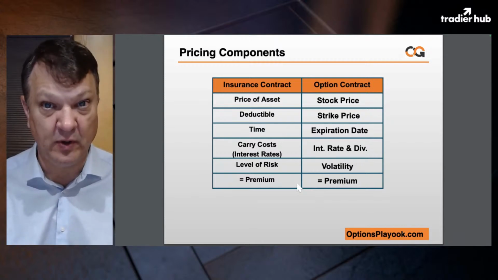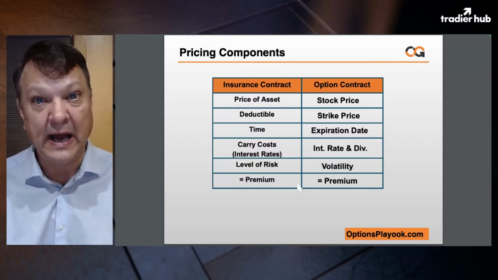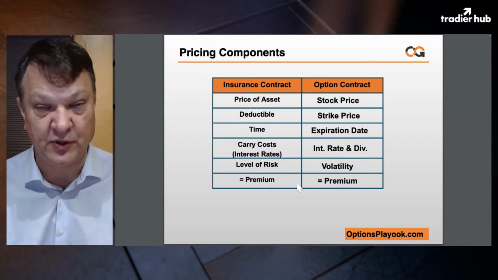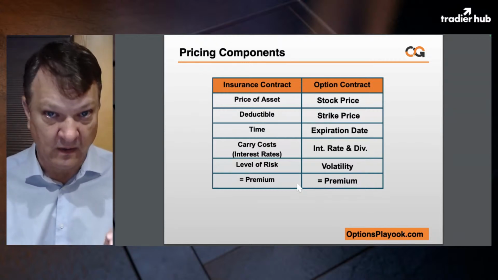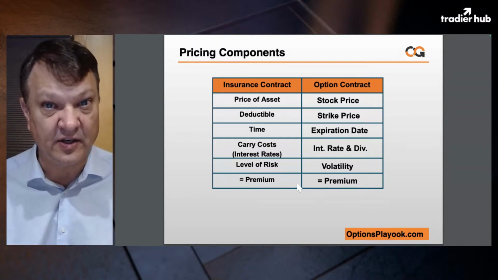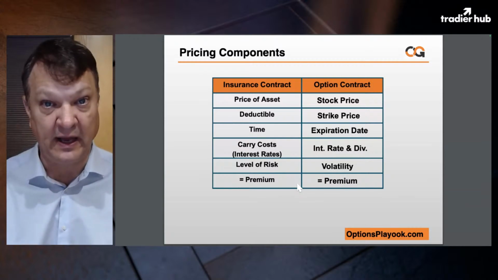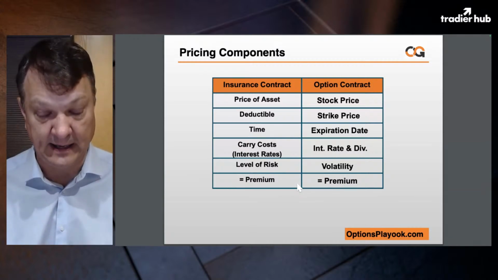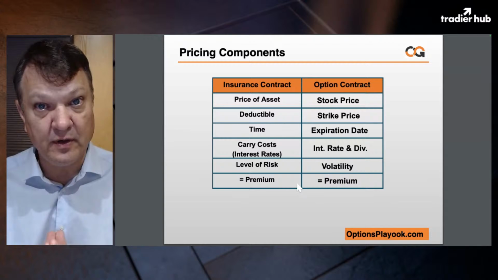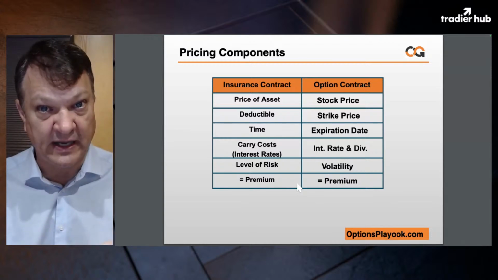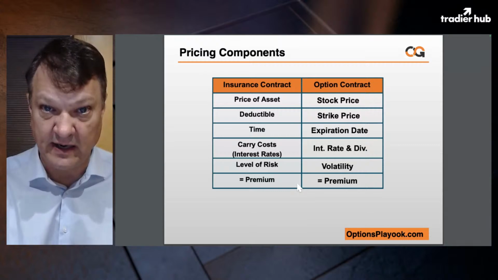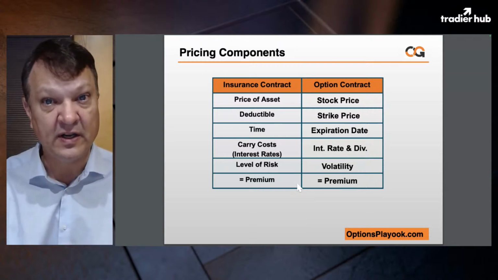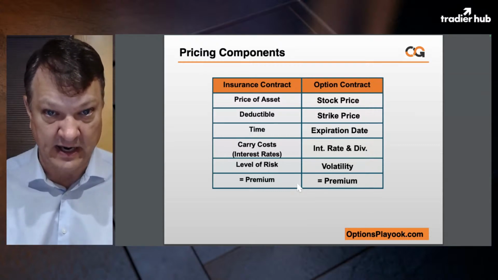Okay, that was a quick review of 101 and 102. Now let's talk about why an option is priced the way that it is. And we mentioned in 101 a little bit about the synergies between the insurance world and the options world. In the vernacular, if you sell an option contract, you are considered the writer of that contract.